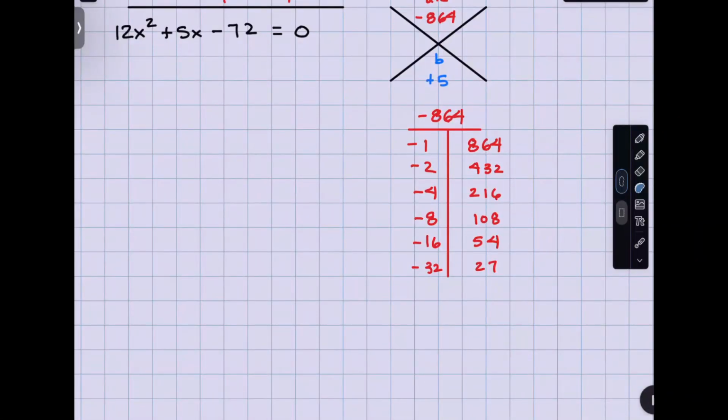Uh-oh. Is that right? Should I use negative 32 and positive 27? Yeah? Didn't we say the larger number has to be positive?